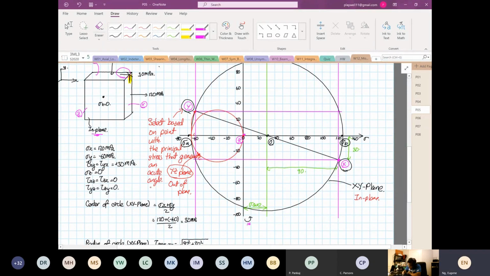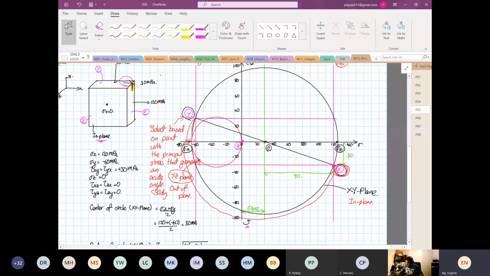Acute angle means the angle is less than what? 90 degrees. You cannot choose Z. It cannot be known as ZX point because from here to travel to this side is more than 90 degrees. So you choose the point with the principal stress that gives an acute angle. That is why you call it the YZ plane.